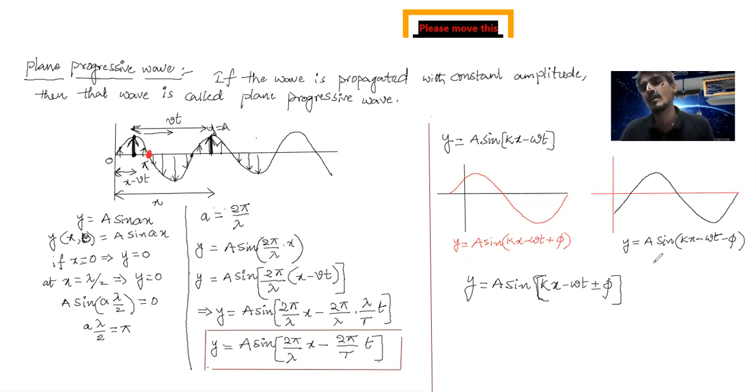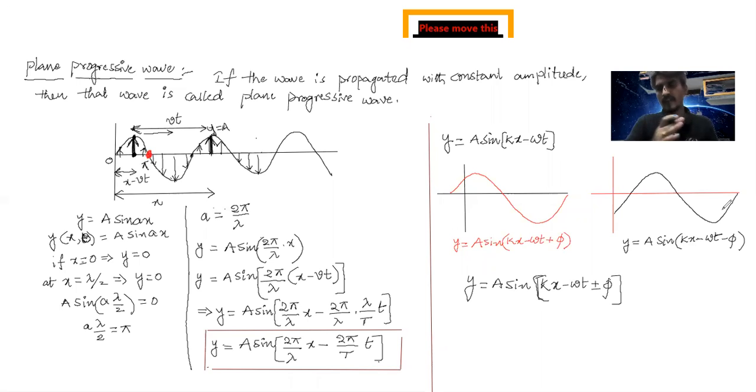If phi is not 0, then we can say that wave is not started from the origin. Do you understand? Once observe that. I'll give you a second, just observe that. I think you have got a clarity about what is a wave and what is a pulse.